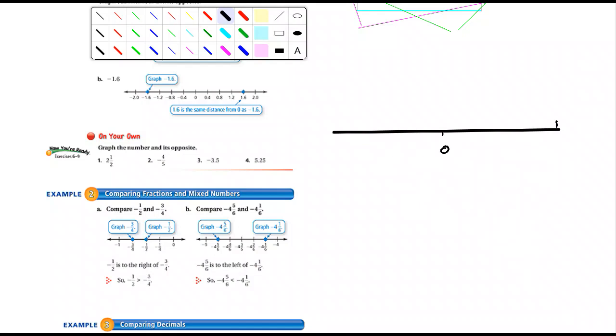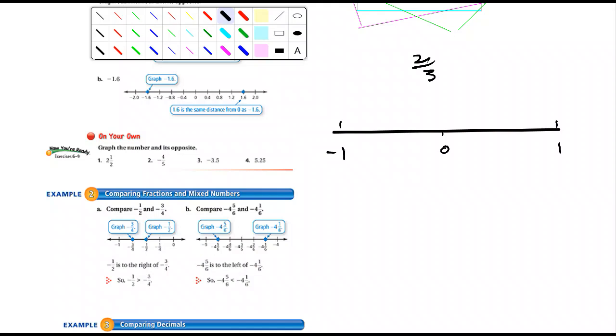I'm going to do 1 again, and this would be -1. And I want you to mark 2/3 and its opposite. 2/3 and its opposite.